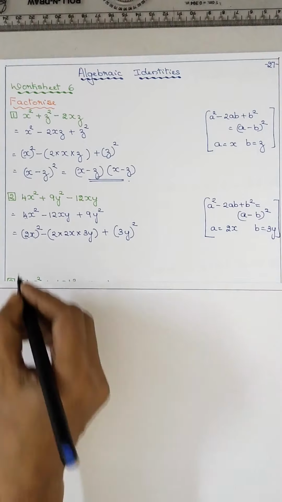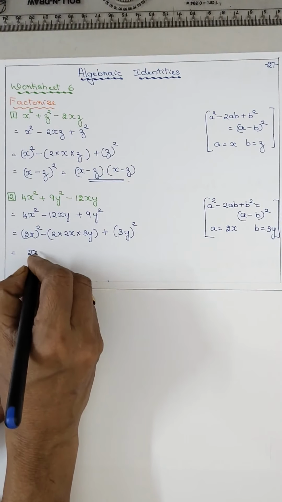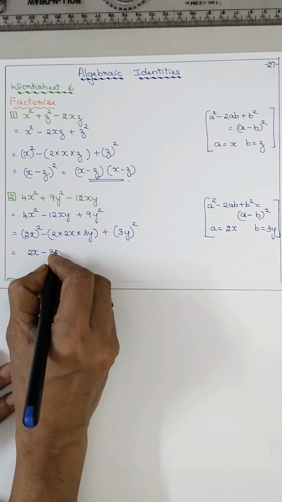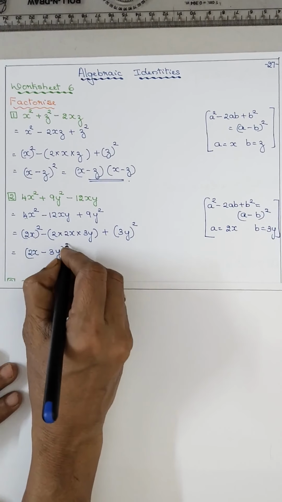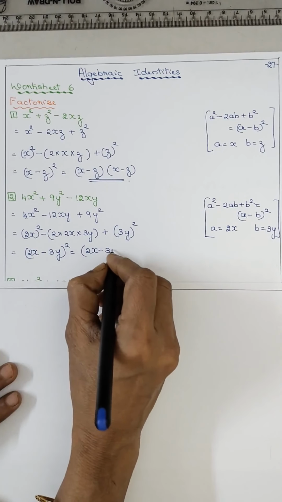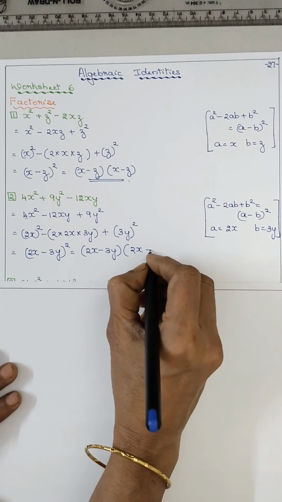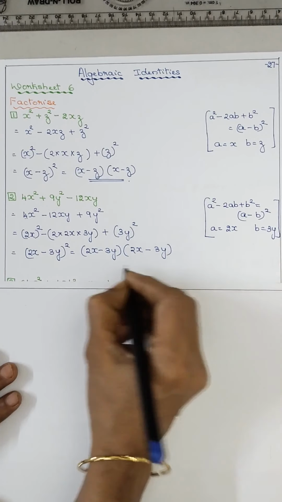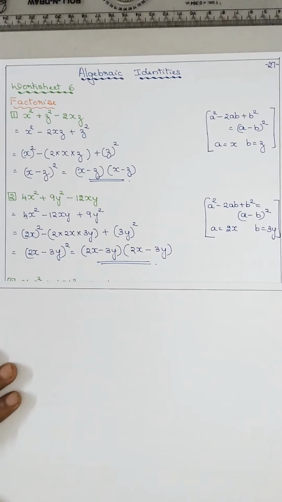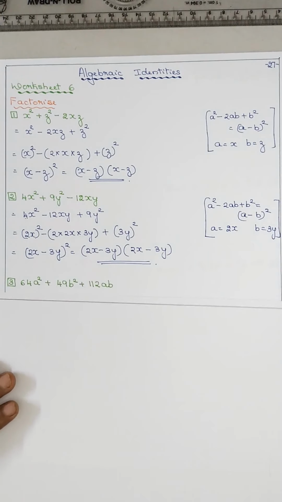Yes. Now a minus b the whole square, that is a minus b bracket a minus b. For a you have to write 2x, for b you have to write 3y.